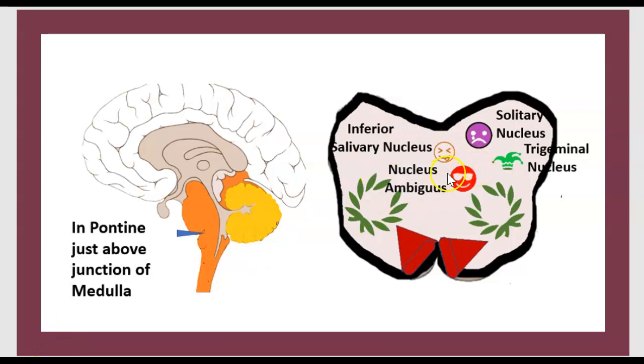There are 4 nuclei: inferior salivatory nucleus, nucleus ambiguus, solitary nucleus, and trigeminal nucleus.